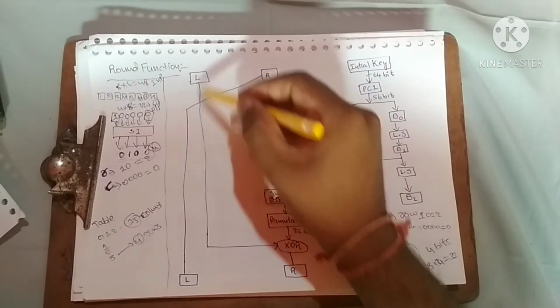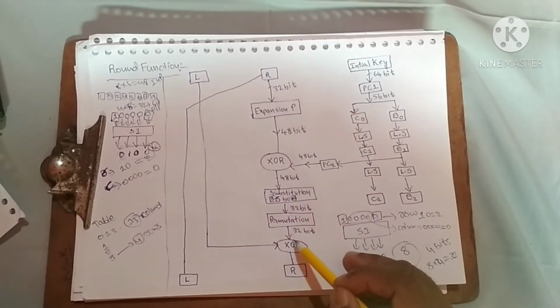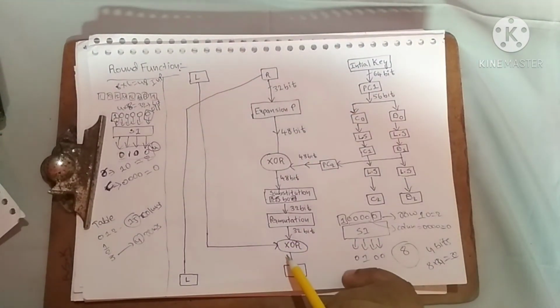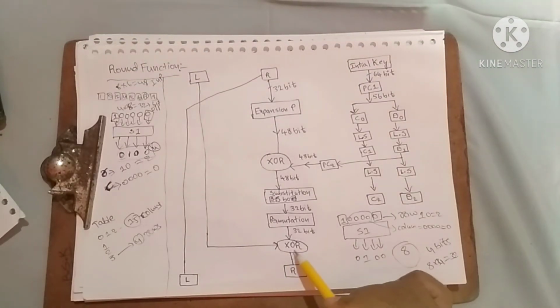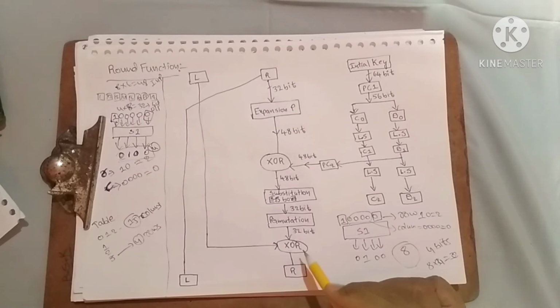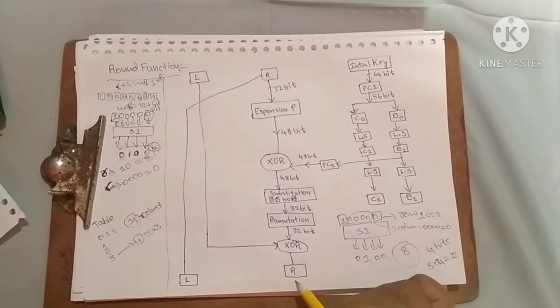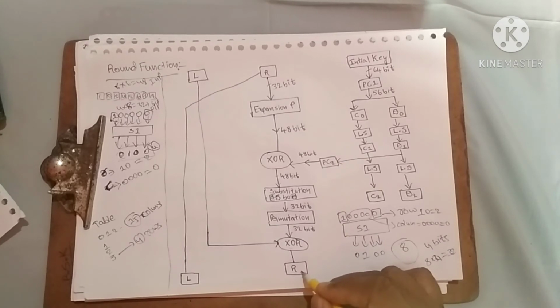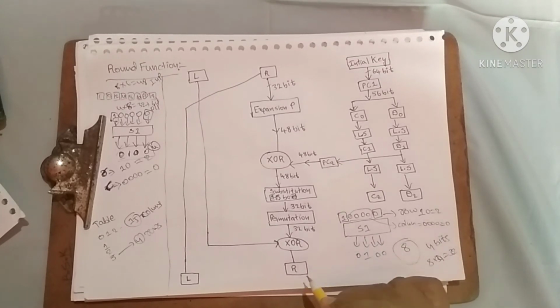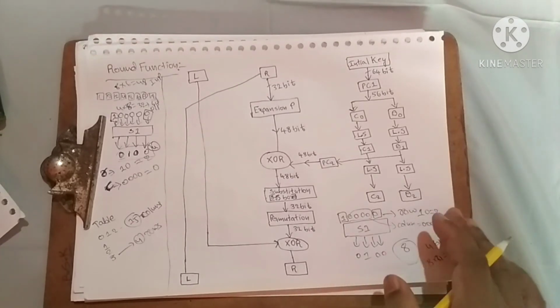In the end, the right text value and left text value will be combined. These left text and right text will be XORed and finally give the output of right plain text of 32 bit. Okay, so this is the output of round 1.